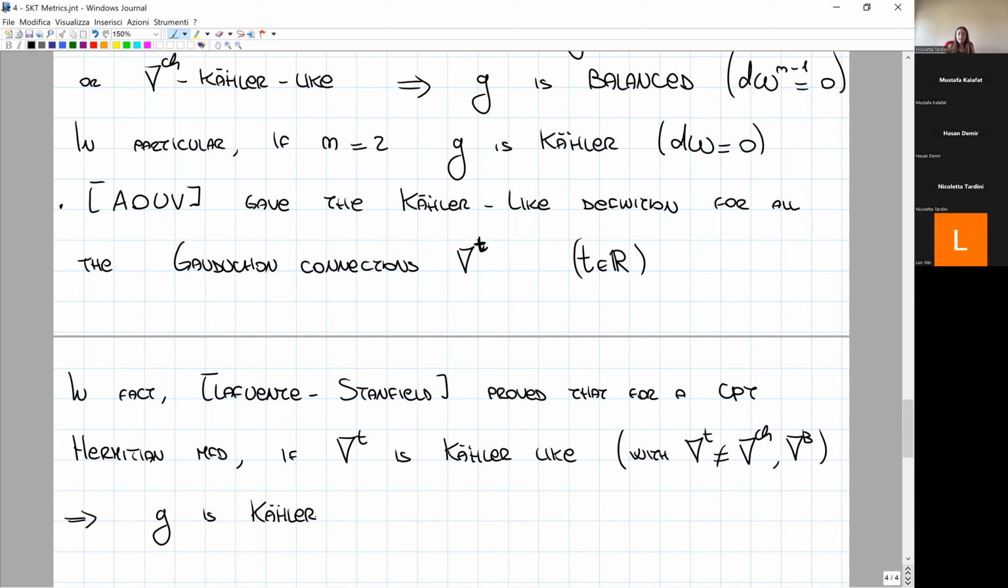For instance, this theorem is saying that if you take one of the Gauduchon connections that is not the Chern or Bismut connection, and if it is Kähler-like, then the metric has to be Kähler.